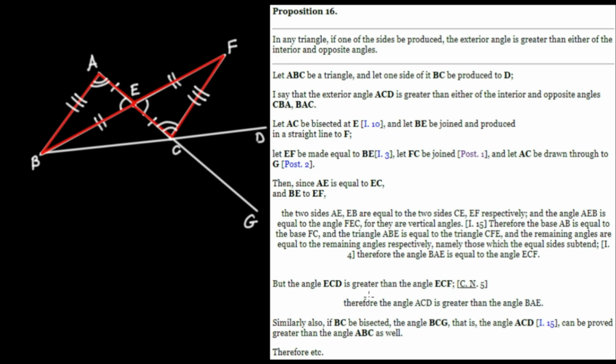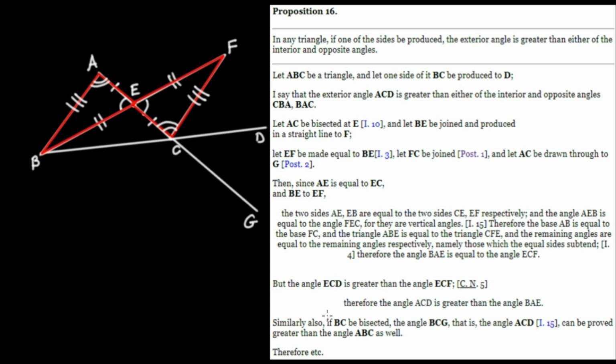Therefore, Euclid infers that the angle ACD, where's ACD, is greater than the angle BAE. And why does he infer that? Remember, ECF is equal to BAE, which is that other opposite and interior angle in the triangle. So therefore, the angle ACD must be greater than BAE.